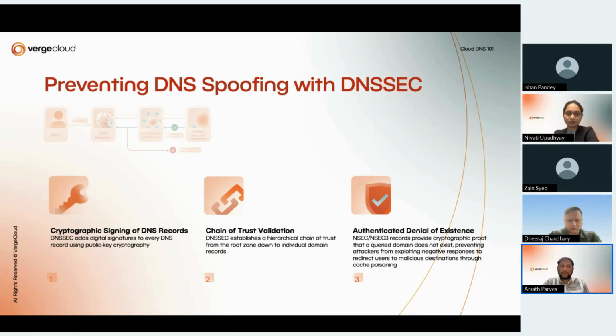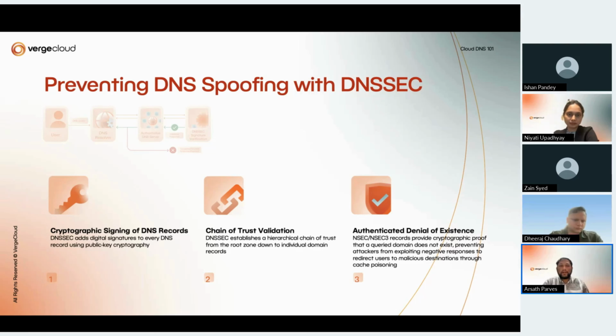So whenever the DNS resolver receives information from the authoritative DNS service, along with the answer for the record requested, for example, let's say your user is requesting a record, the DNS key and the signed RRSIG record also come along with that response. That will be validated at the DNS resolver level. So this way, we'll be able to prevent DNS spoofing attacks.